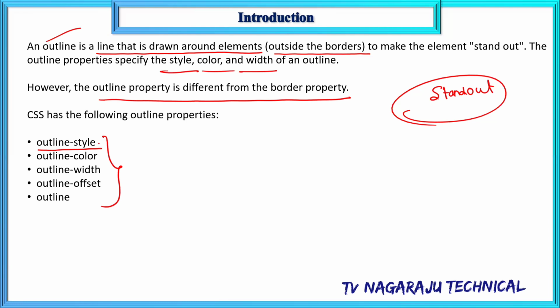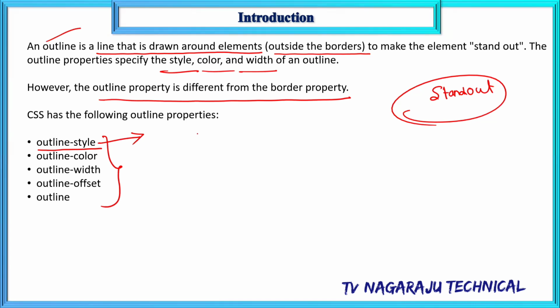The first one is outline style. Style specifies the style of the outline. Generally, what are the styles? Border styles are solid, dashed, double, etc. Similarly, outline is the same. Dotted, solid, double, dashed, groove.